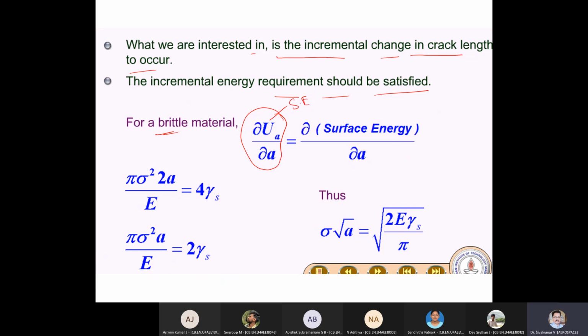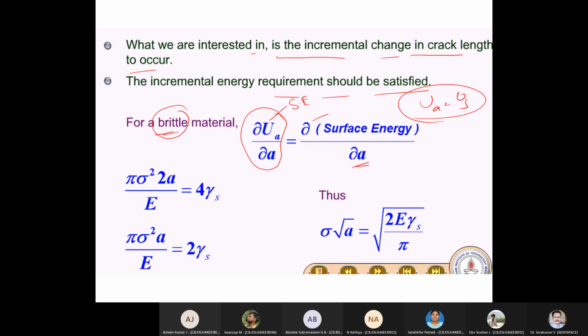We are doing partial differentiation with respect to crack length, which is equal to ∂ surface energy by crack length. That is Griffith, no? For brittle material, Griffith is saying U_A is U_S.